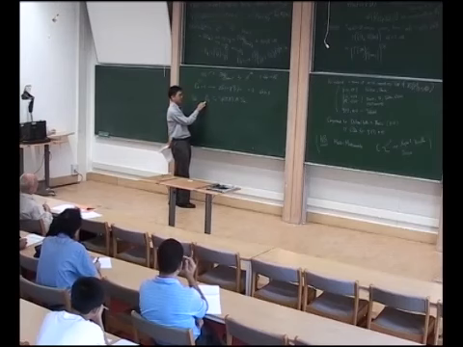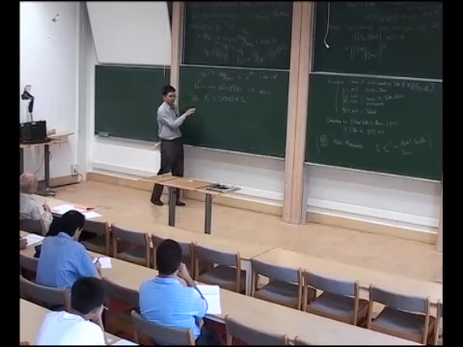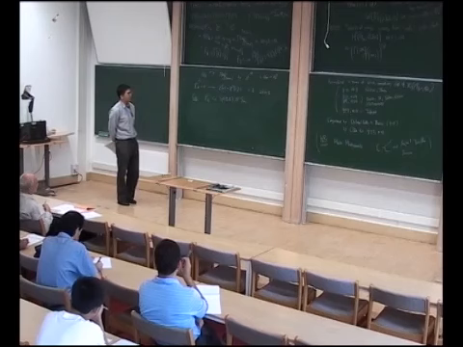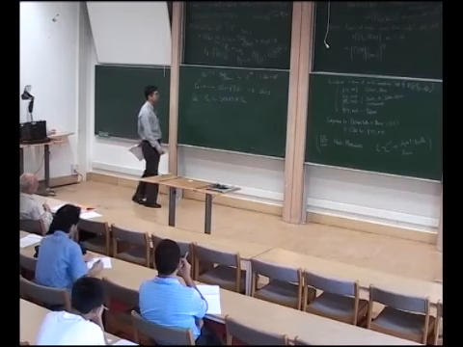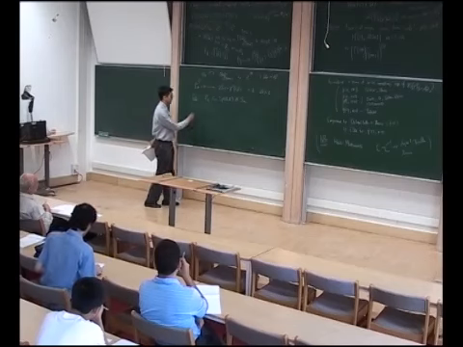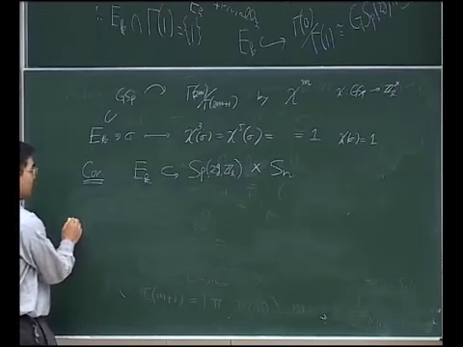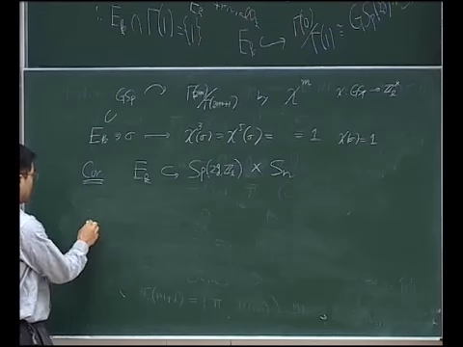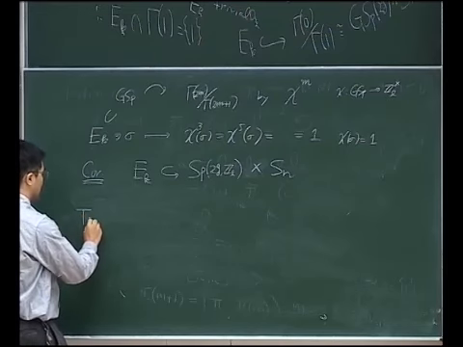This is one condition, especially if genus 0 and n equals 3, this vanishes. So we can now prove the centralizer is isomorphic to the symmetric group of third degree.